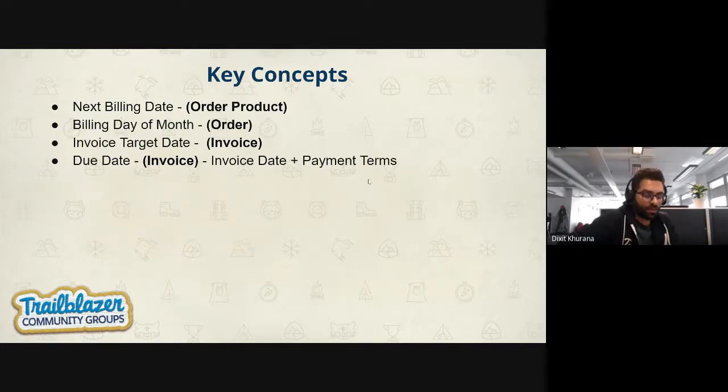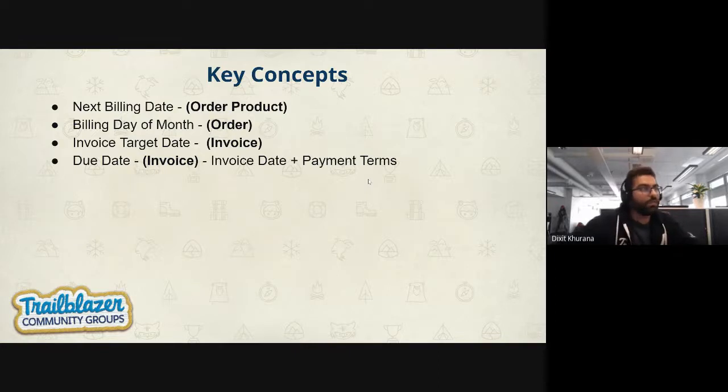Once your invoice is generated, the due date is the date before which you have to pay the invoice. It is calculated as invoice start date plus payment terms. If I have net 30, it will add 30 days. If I have net 60, billing will add 60 days.